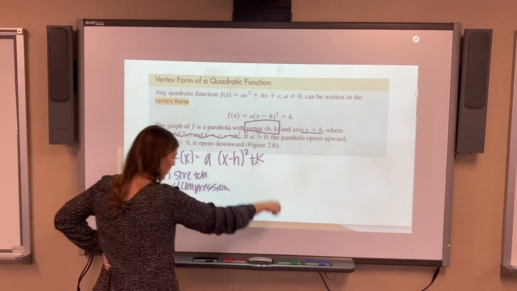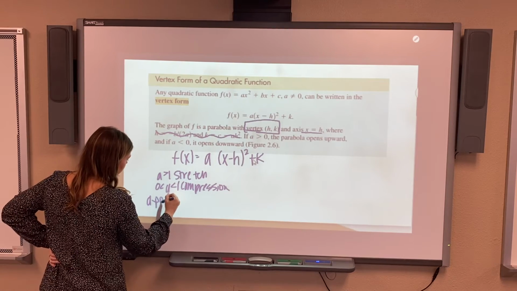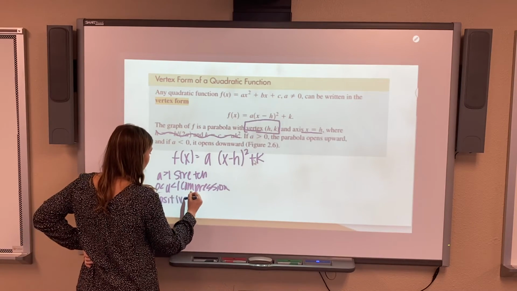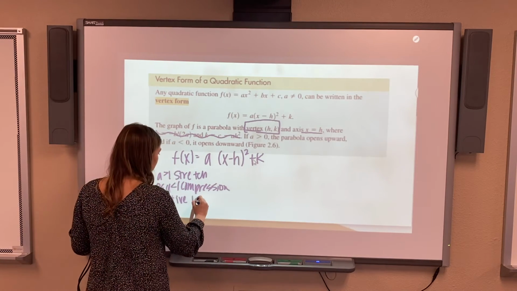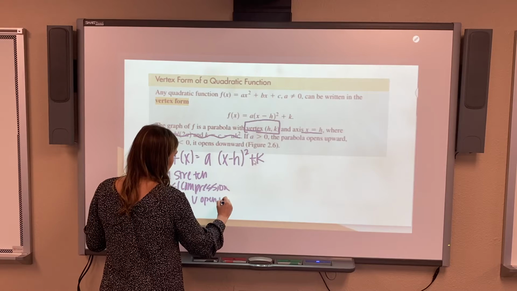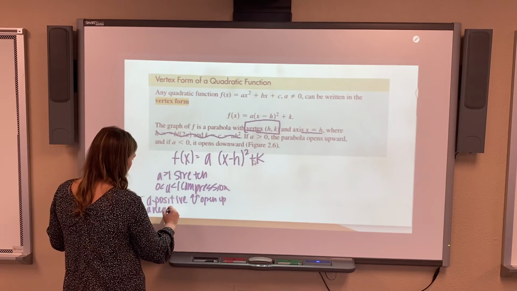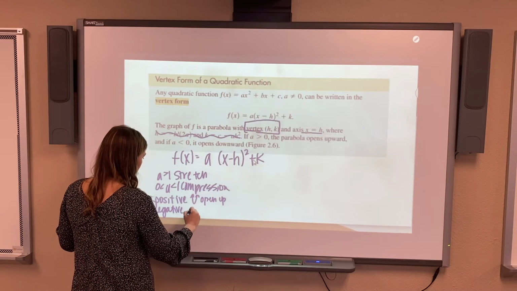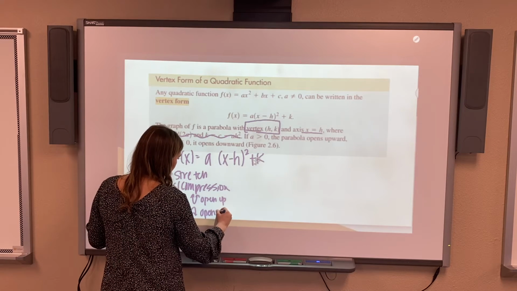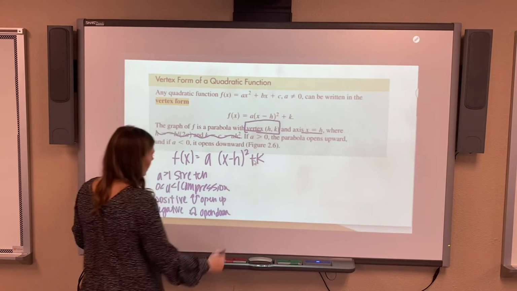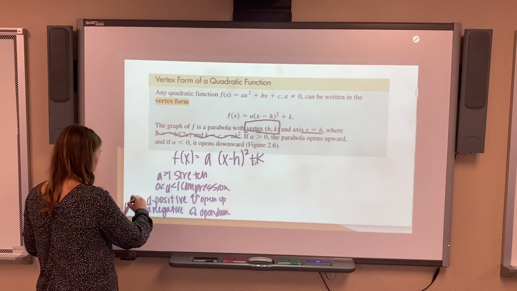And we also said if a is positive, think of positive people: they're happy. So it looks like a smile, it opens up. And if a is negative, it's a frown, it's sad, it opens down. And if it's a negative, that would be a reflection across the x-axis.